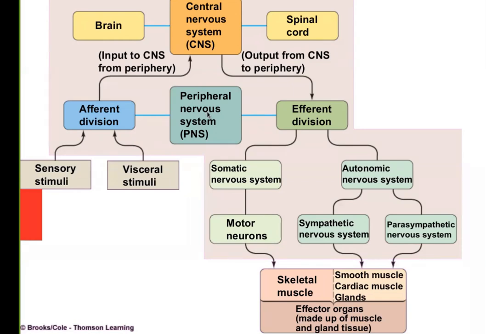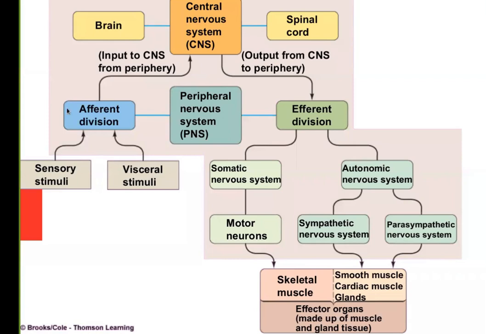But we have additional functional classifications. You may see in this slide. We divide by direction of propagation of impulses into afferent and efferent subdivisions of the peripheral nervous system.